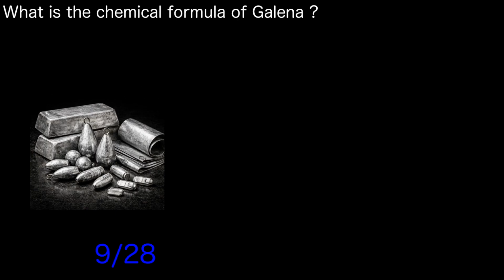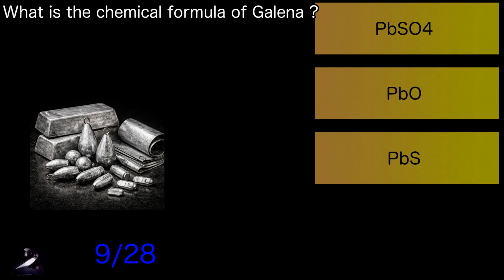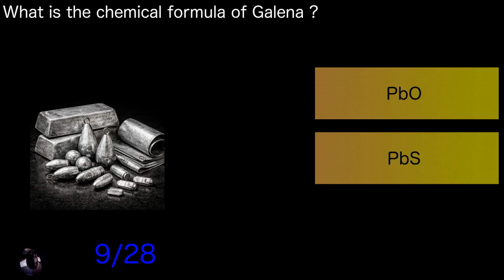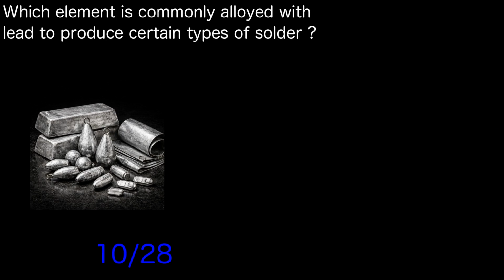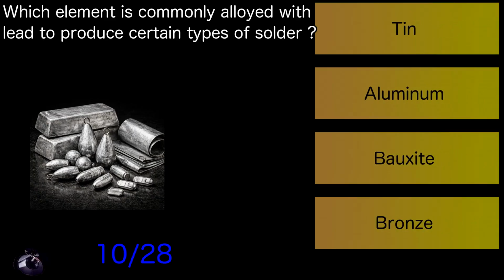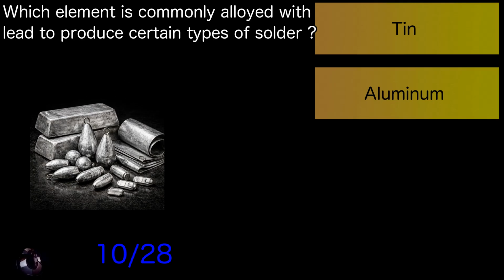What is the chemical formula of galena? Lead-2 sulfide. Which element is commonly alloyed with lead to produce certain types of solder? Tin.